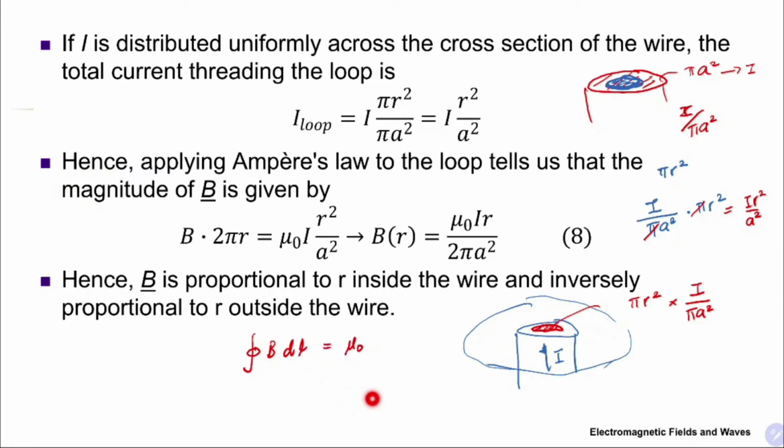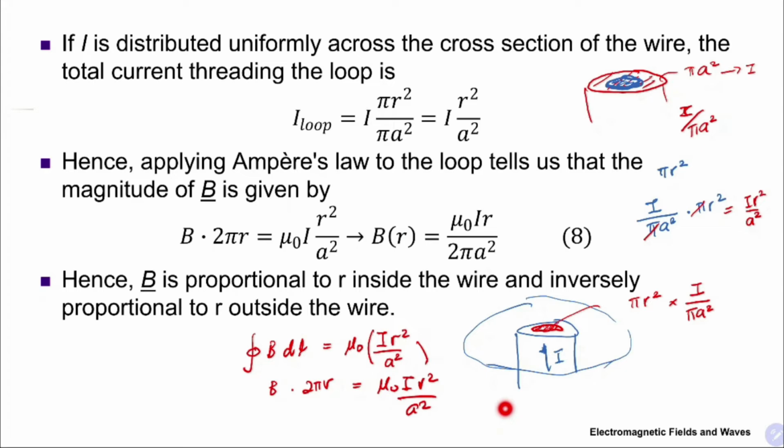Mu naught, now it's not just I, the current will be I r squared over a squared. This side here is still the same because you draw the loop along the magnetic flux line, and therefore B is still constant. So this will be B times 2 pi r equals mu naught I r squared over a squared.